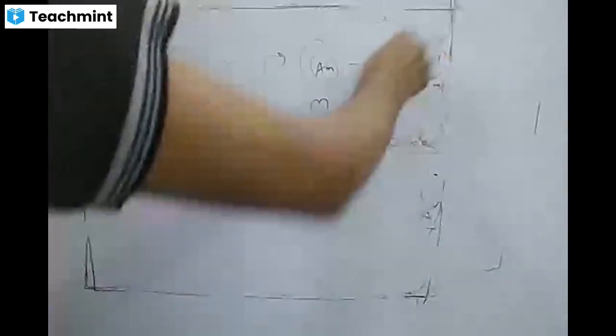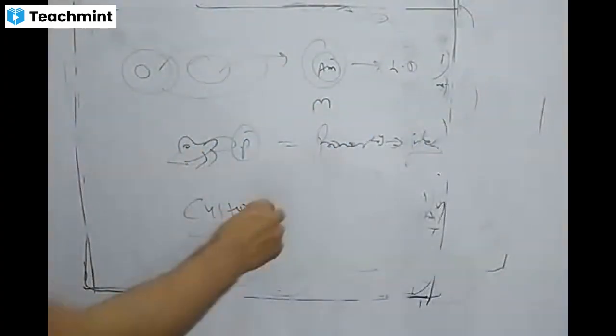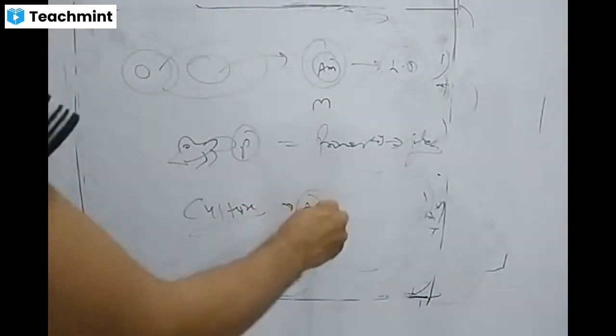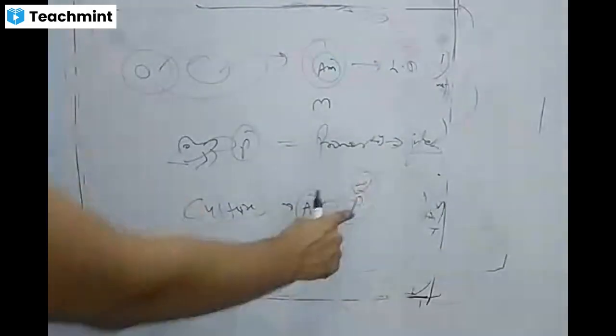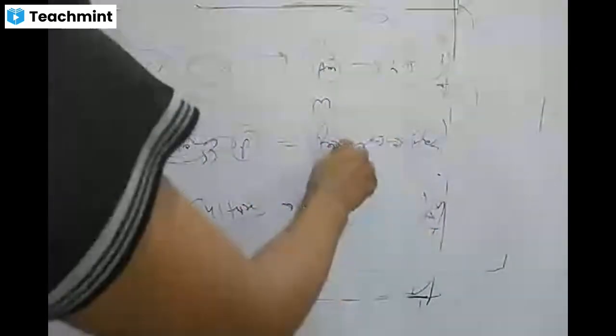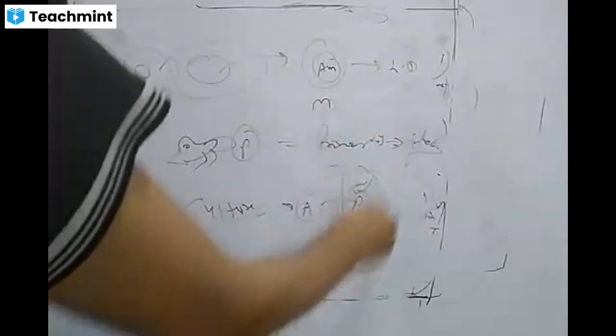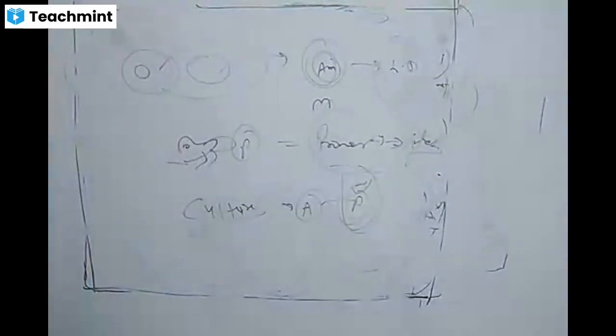And this is your diagnostic form. Then culture: in culture media, A transforms into P. So P is found in two places, one is the phlebotomus vector and one is culture. But the LD body A form is only found in macrophages.